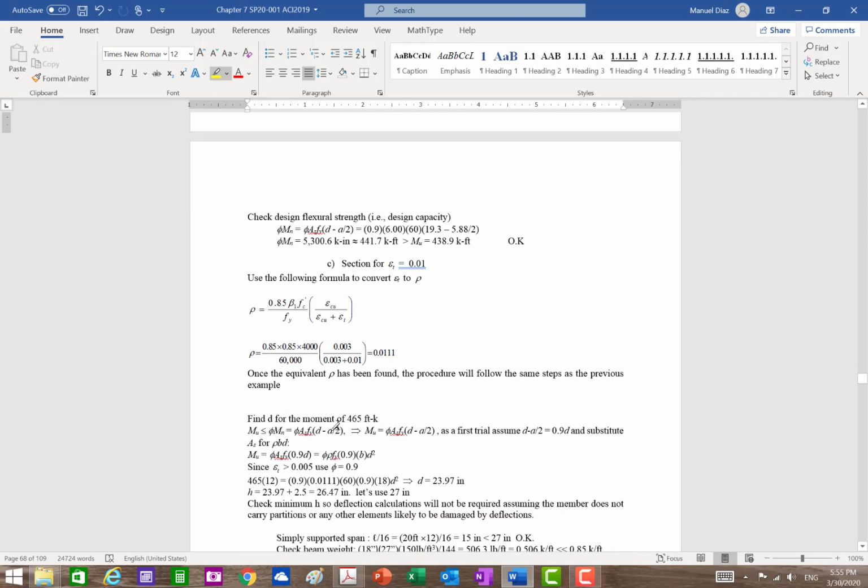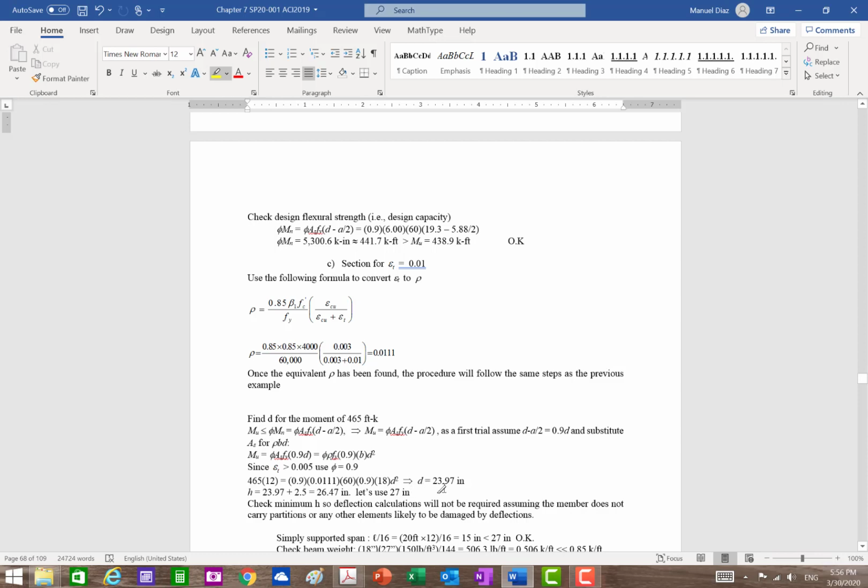My mu D minus A over 2 is replaced by 0.9D, and my AS replaced by rho BD. I'm going to solve for D in this case because my B is 18. Always assume 0.9. And so my D value is 23.97. I add 2.5, one layer, and I get 26.47.